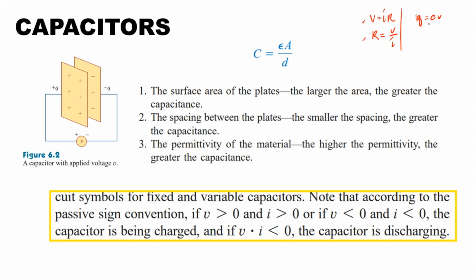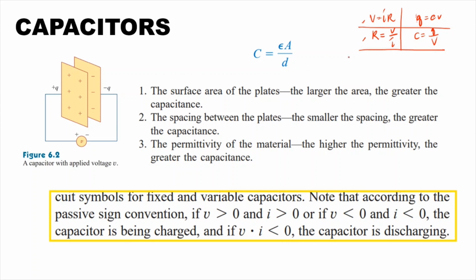Q is equal to CV, so C is actually the ratio of Q over V. But they are not dependent on that ratio.